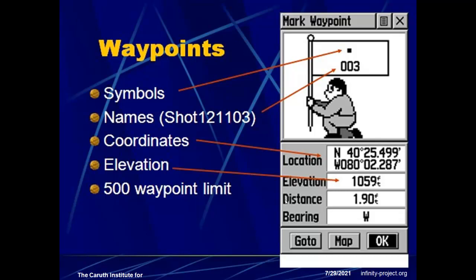For example, they will give the name 003, location north 45 degrees 25 minutes and west 80 degrees 2 minutes, and elevation 1000. That same data will be stored in the computer. After that, it is stored in the memory.